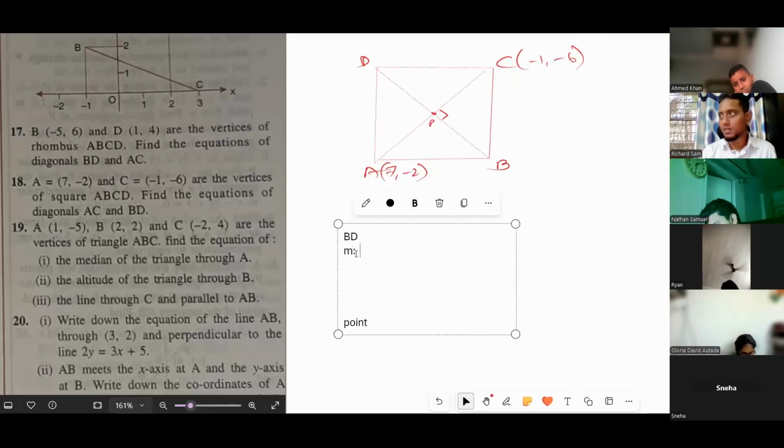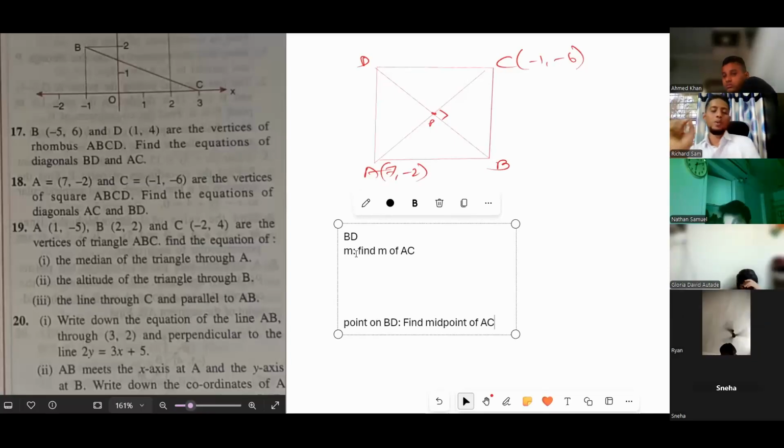Find m of AC first, and then you can find the m of BD using the m1 into m2 is equal to minus 1 formula. Next, how do you find any point on the line BD? Using midpoint formula. Find midpoint of AC. So the midpoint of AC will be a point on the line BD.